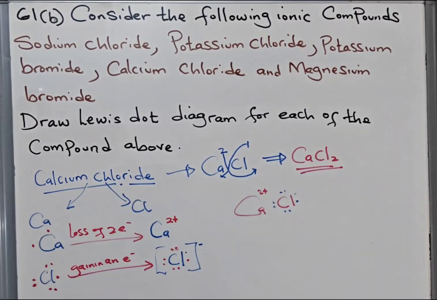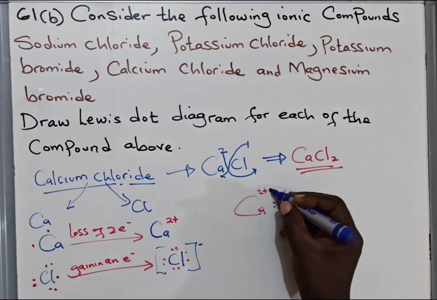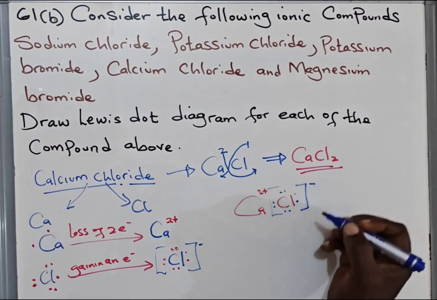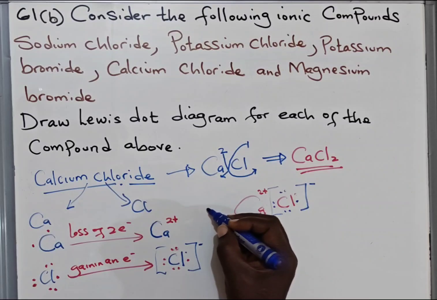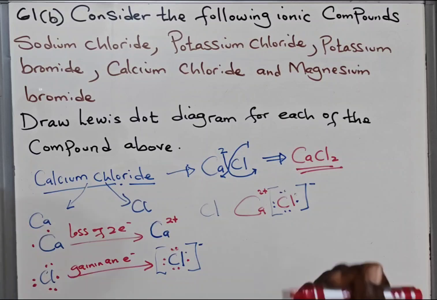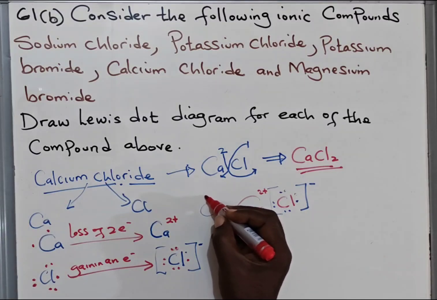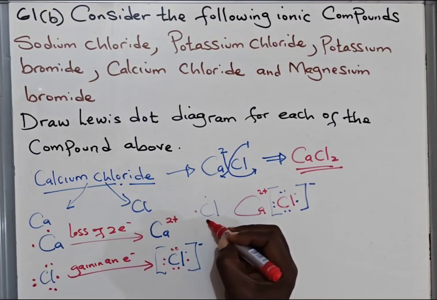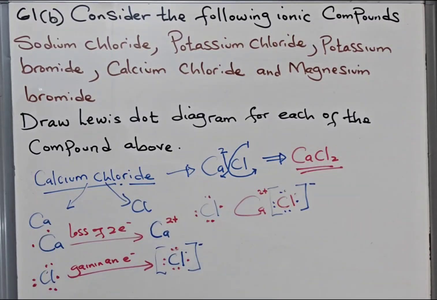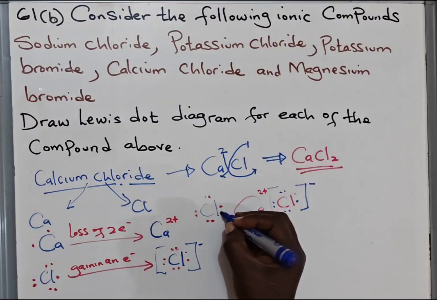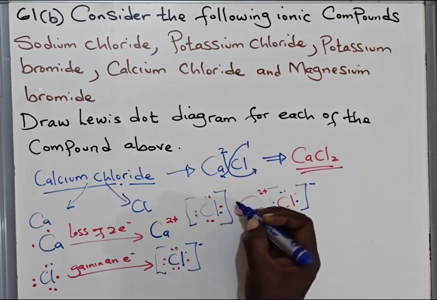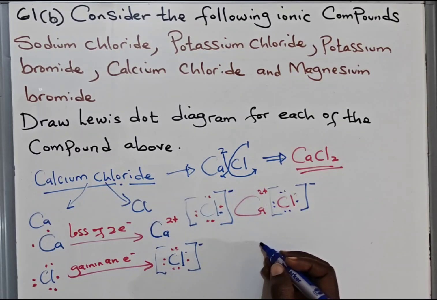We have to remember that there is a bracket here with negative. And also this side, we have our Cl, with its constituent electrons, which is 1, 2, 3, 4, 5, 6, 7, and that extra one which came in to make it negative, and you put a bracket around it indicating the negative charge.